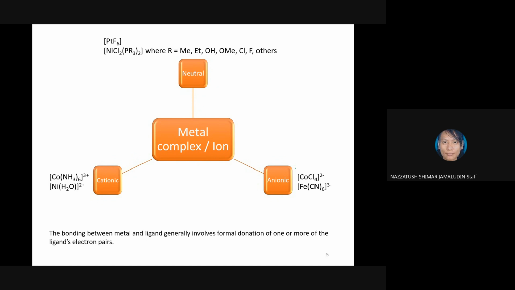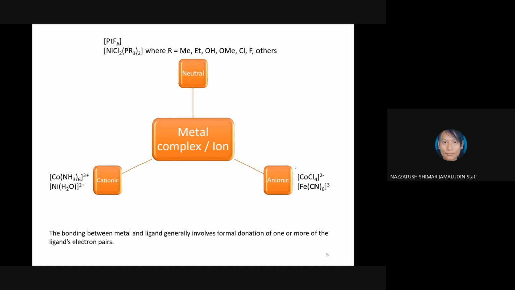A cationic compound has a positive charge, which can be +1, +2, +3, or anything. An anionic compound has a negative charge, which can be -1, -2, -3, -4, -5, anything depending on the oxidation state of the metal and the charge on the ligand. The bonding between metal and ligand generally involves formal donation of one or more electrons. Now you know this very well.